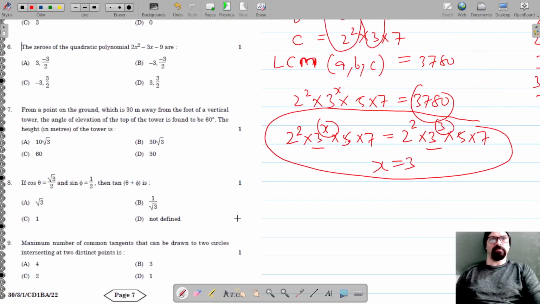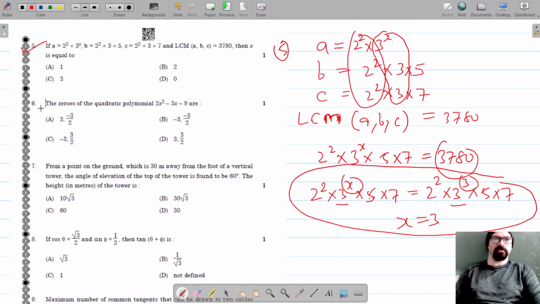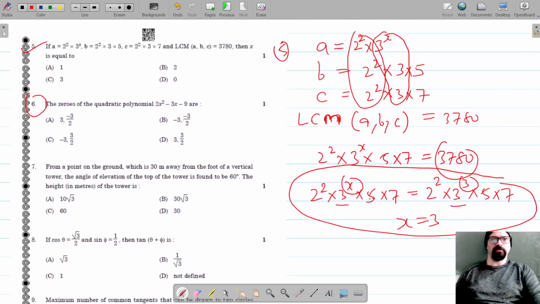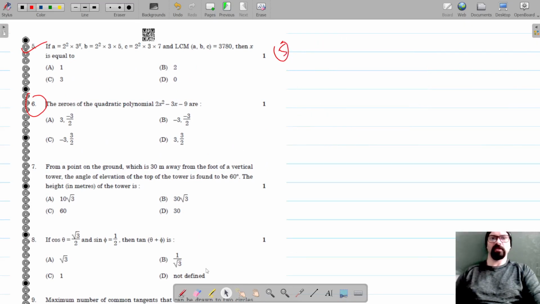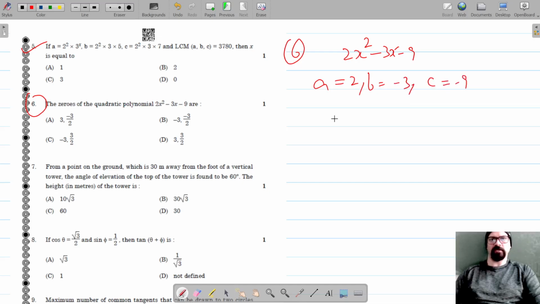And for question number 6, we have to find the zeros of the quadratic polynomial. So question number 6, it's 2x squared minus 3x minus 9. A is equal to 2, B is equal to minus 3, and C is equal to minus 9.